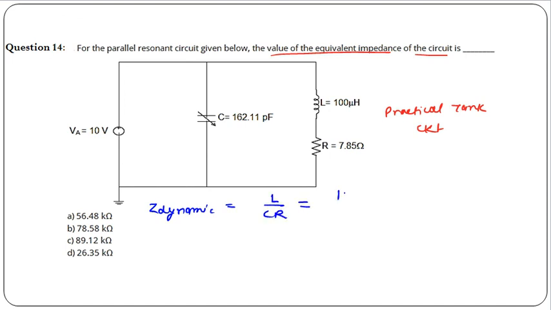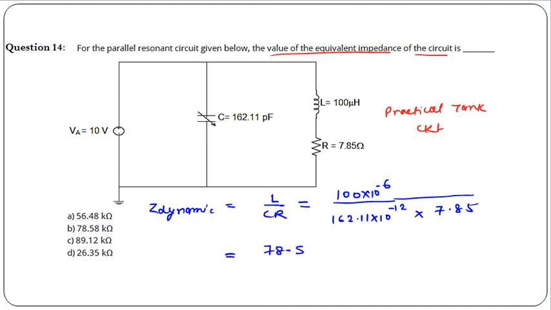The inductance value is 100 into 10 to the power minus 6, divided by the C value 162.11 into 10 to the power minus 12, and the resistance value is 7.85. So from here we are getting the value of Z dynamic. It will be equal to 78.58 ohm. Okay, so this is the Z dynamic answer for this question. So option B is correct.